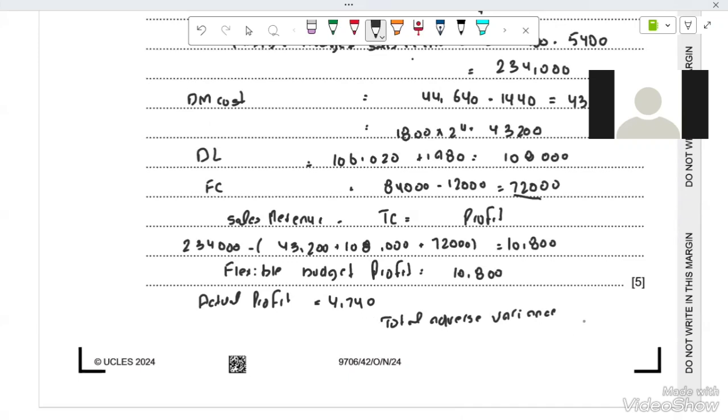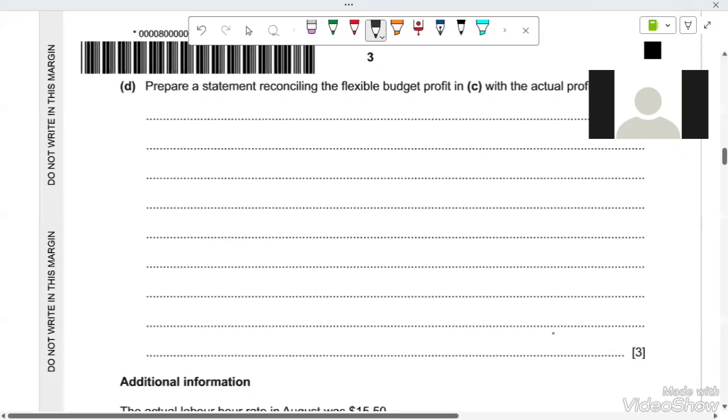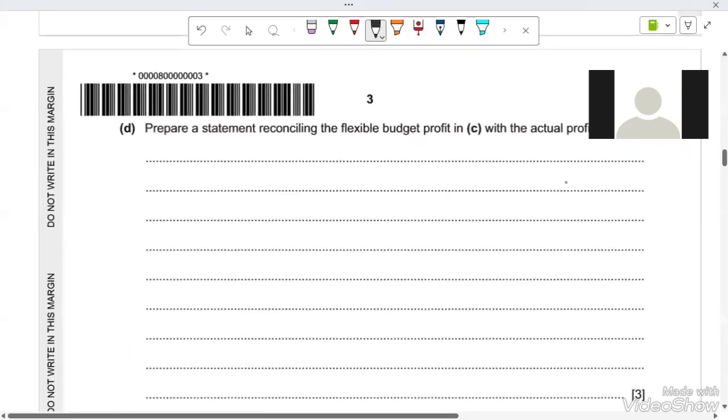So what is the adverse variance? You just need to deduct the 4,740 from 10,800. So you have the answer for total adverse variance, which is 6,060. So basically, if actual profit was lower than the flexible budget profit, it means that the company performed worse than expected due to additional and unexpected costs.